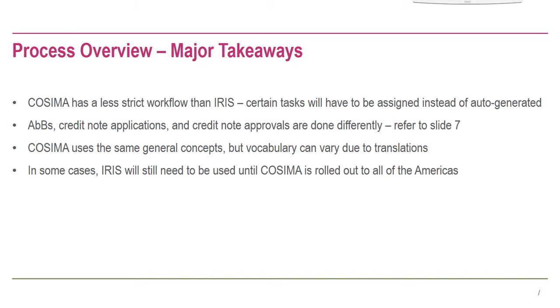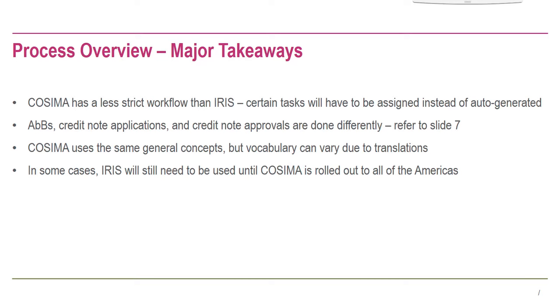So from those last few slides, here are the major takeaways. The first is that Cosima has a less strict workflow than Iris. There are certain tasks that are going to have to be assigned instead of auto-generated via the workflow like they were in Iris. ABBs, credit note applications, and credit note approvals are done differently. Please refer to earlier on in the video at slide 7 for more information or to review.